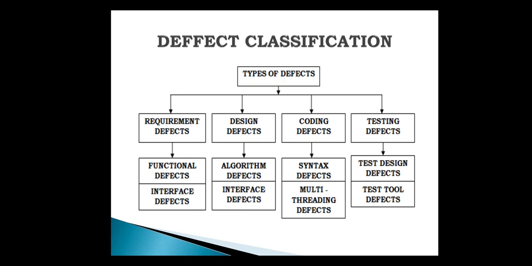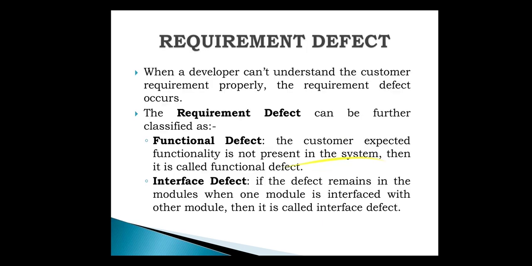There are two parts in requirement defects, that is functional defects and interface defects. Next is design defects. There are also two categories, algorithm defects and interface defects. Next is coding defects: syntax defects and multi-threading defects. Next is testing defects. There are also two types, test design defects and test tool defects. Okay, so we will see this in detail.